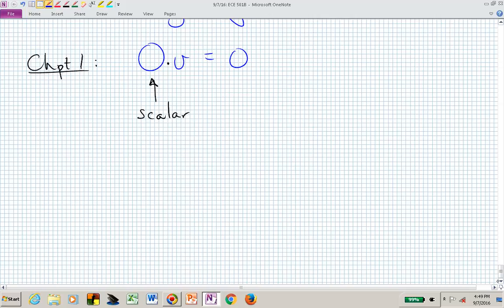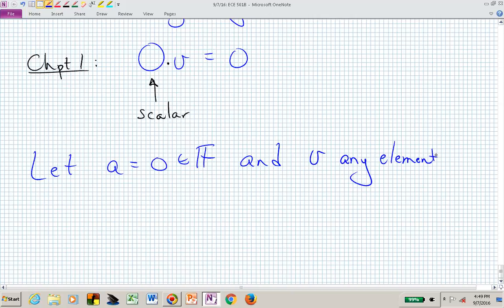Let's break this down into all of its parts. Let alpha, the scalar, be 0 in our field of numbers. And let the vector V be any element in our underlying input vector space, capital V.